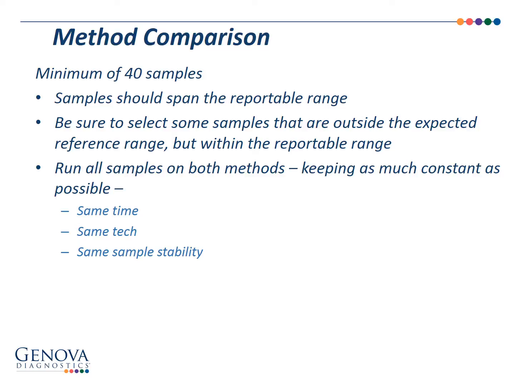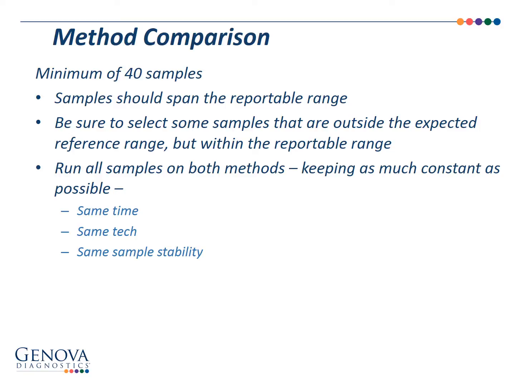Now, the most important thing with method comparison is to make sure that we keep as much constant as possible. Whenever possible, run the two methods at the same time, by the same tech, within the same sample stability, meaning if you have one sample that's got one freeze thaw, the other sample better have one freeze thaw. You don't want to mix those two.